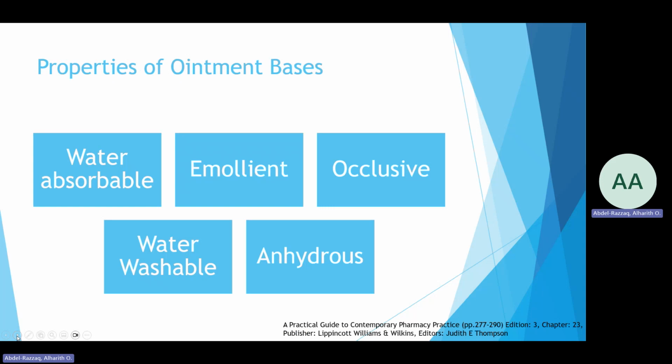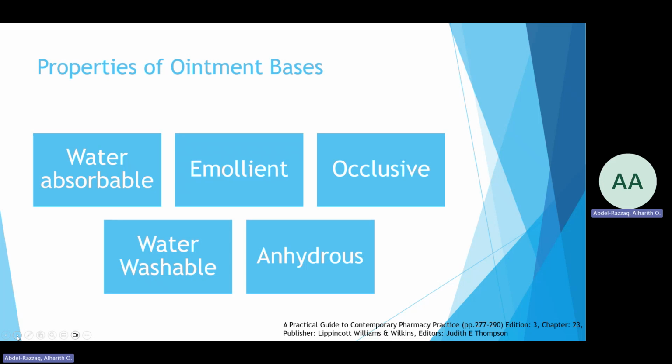Now we can finally get into our properties of ointment bases. We have about 5 types of bases, and the properties that are going to be included start with water absorbable. Water absorbable basically means that water can be absorbed into the base itself.